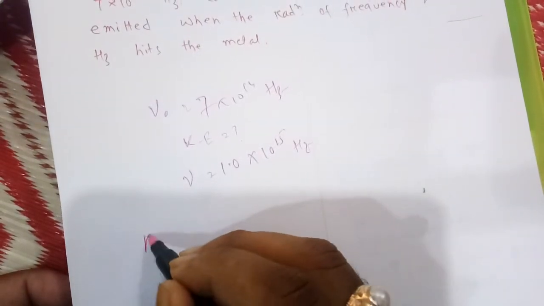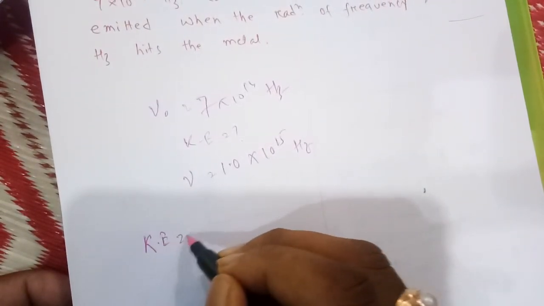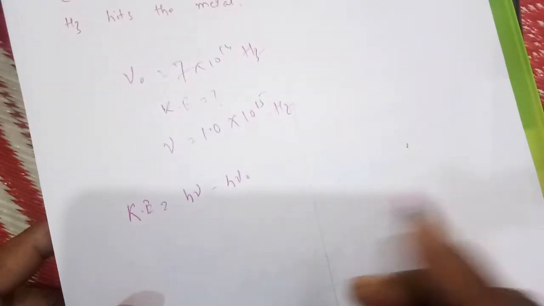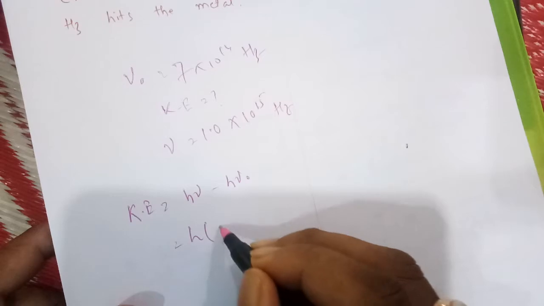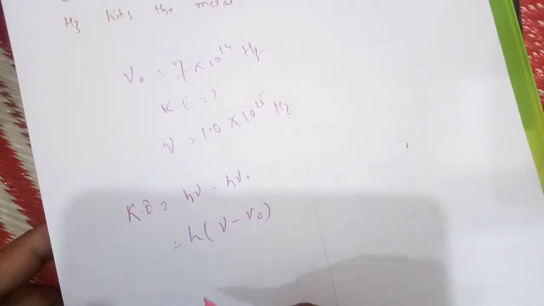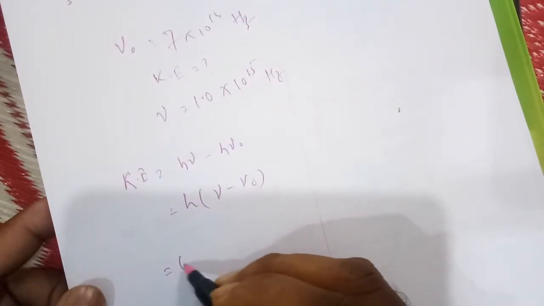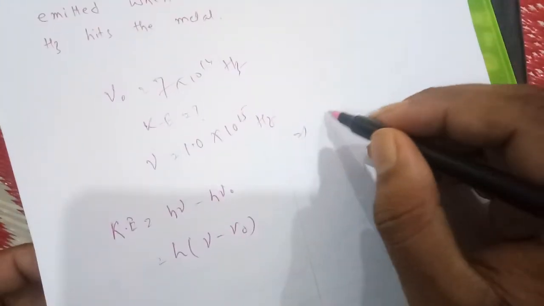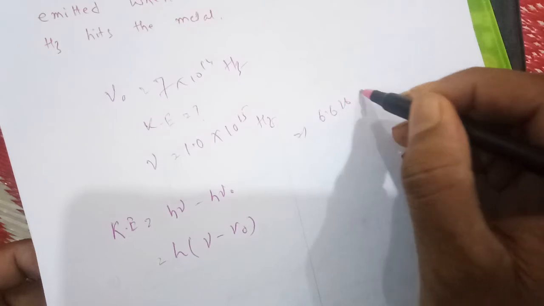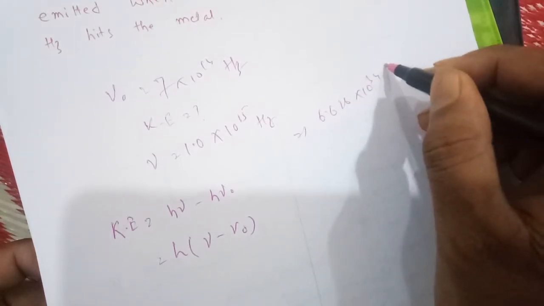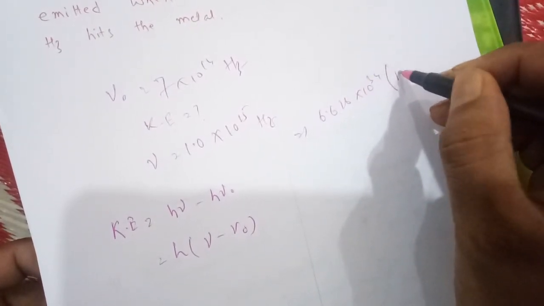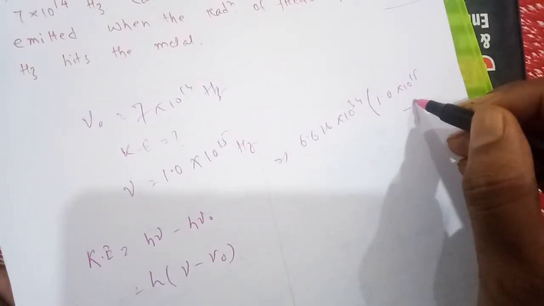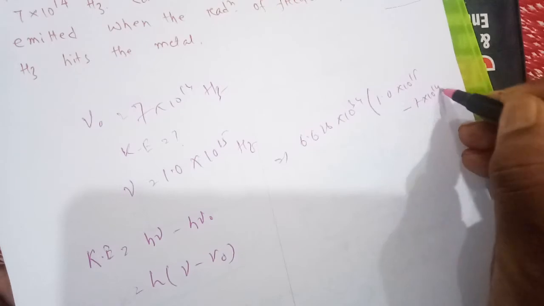So, students, the formula for kinetic energy is h nu minus h nu naught. We take h common: h (nu minus nu naught). The value of h, Planck's constant, we have learned: 6.626 into 10 to the power minus 34. Nu is given as 1.0 into 10 to the power 15 minus 7 into 10 to the power 14.